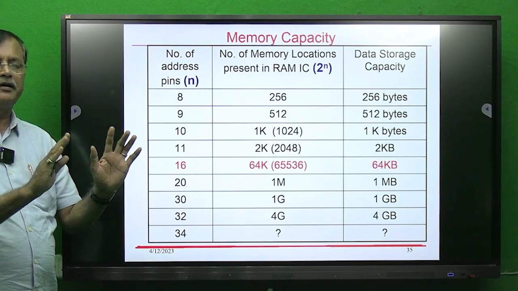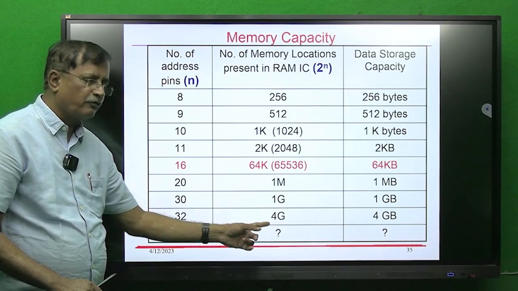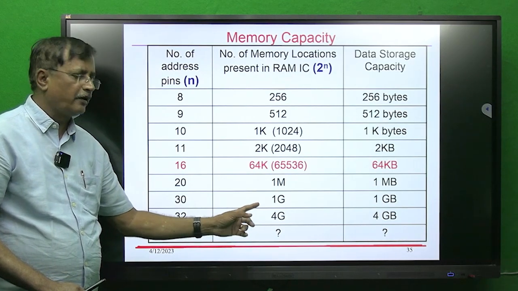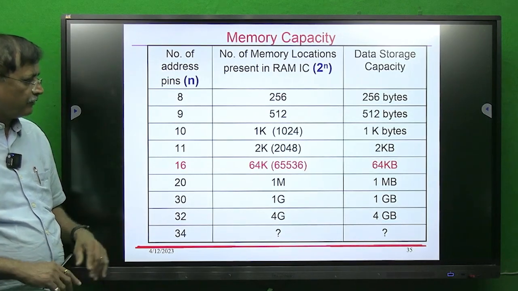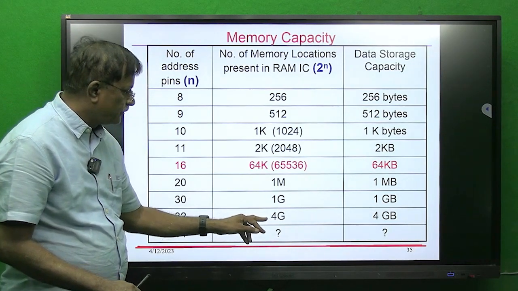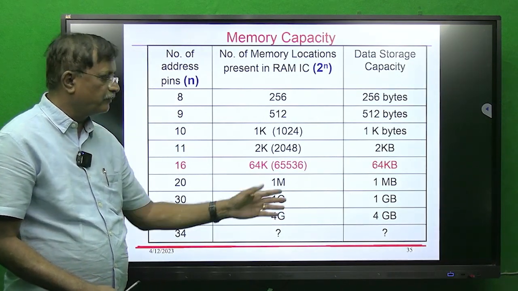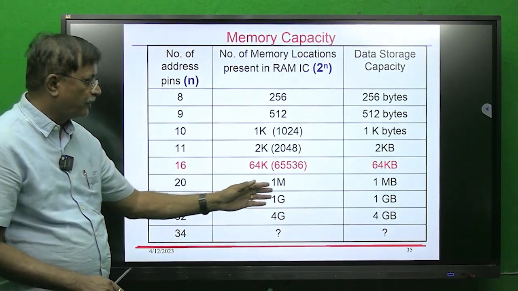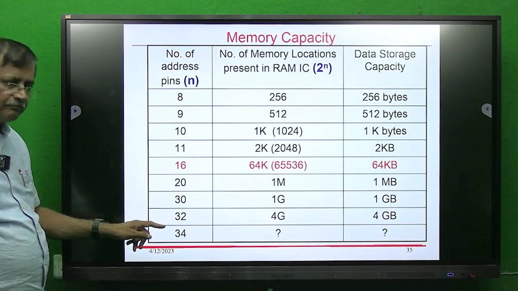It is decoded by the address decoder, and it will help to select one memory location out of 4 giga locations. And then you can read 1 byte or you can store 1 byte. That is it. So in these 4 giga locations, you can store 4 gigabytes, because each location will store 1 byte. So 4 gigabytes.